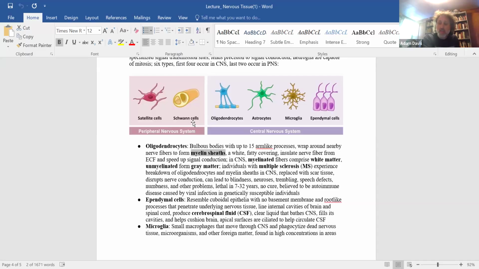So they're only found in the peripheral nervous system. They wind their membrane around the axon again and again and again, forming a thick, fatty white layer known as the myelin sheath. That myelin sheath, or myelination, is again like an electrical insulation layer, speeding up signal transmission and preventing the electrical signal of the axon from grounding out before it gets where it needs to go.